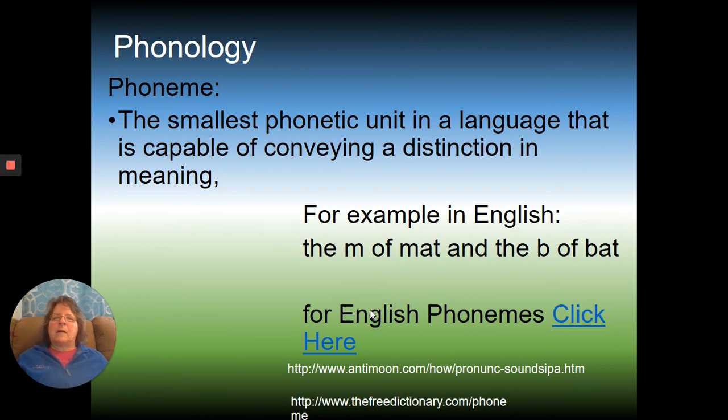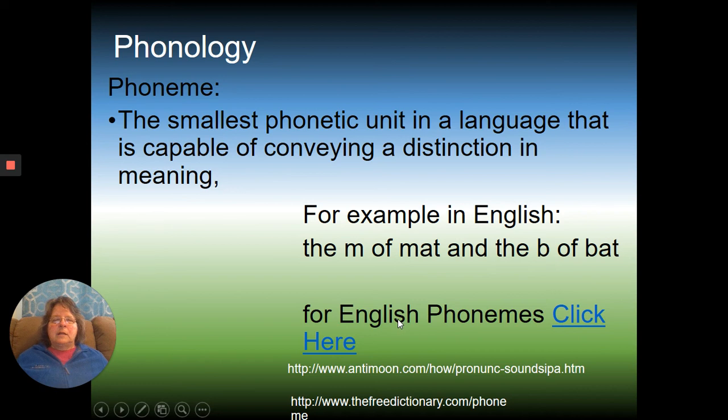When we think about a phoneme, it's the smallest phonetic unit in a language that is capable of conveying a distinction in meaning. For example, in English, we have the phonemes m and b. Because if you take the word at and add m, mat, or b, bat, it totally changes the meaning of the word.